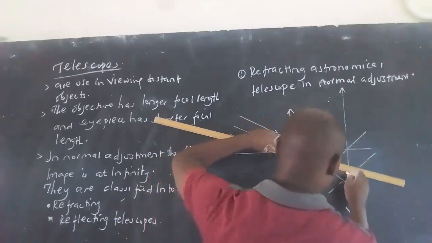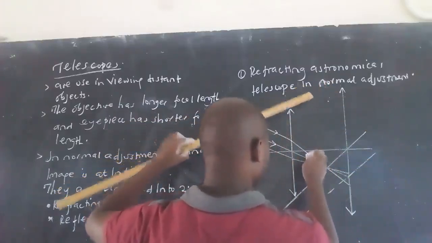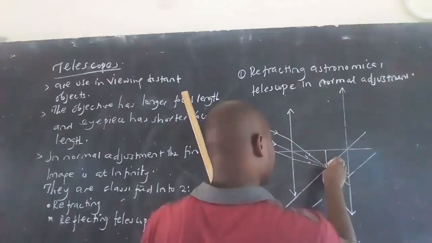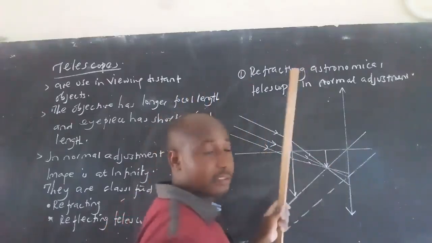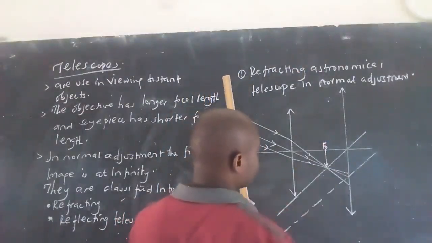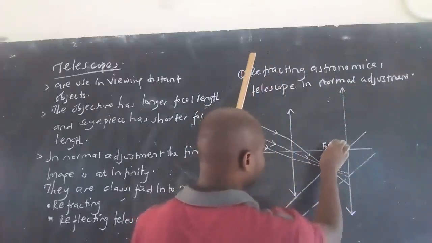This is the formation of this image. But then this image coincides with the focal plane, with the principal focus of the objective, so this is at F0. This one forms the final image at infinity, therefore it will be at FE.